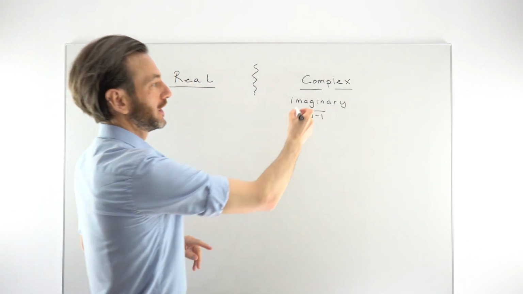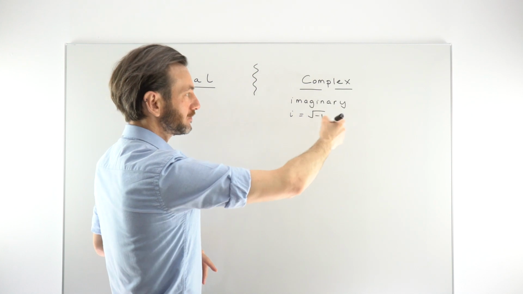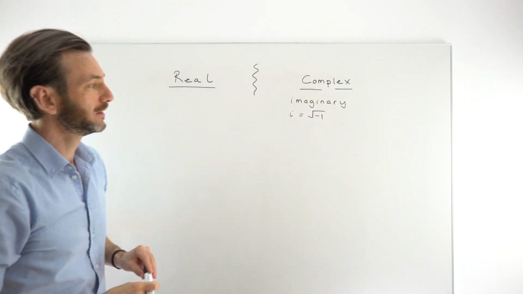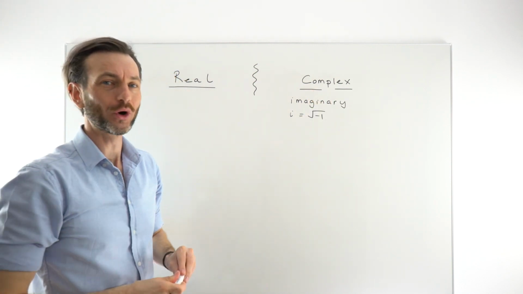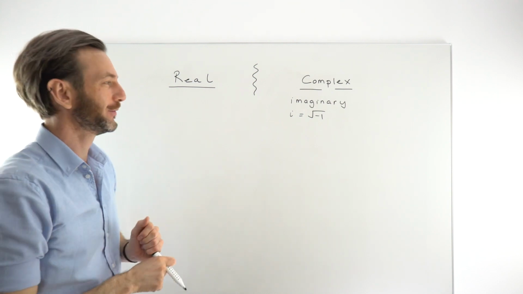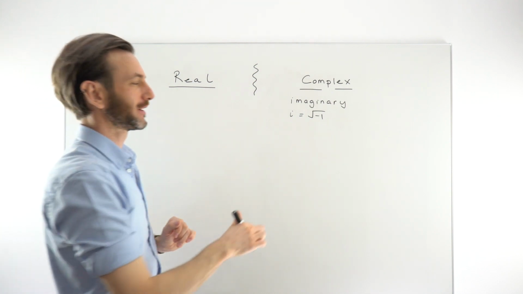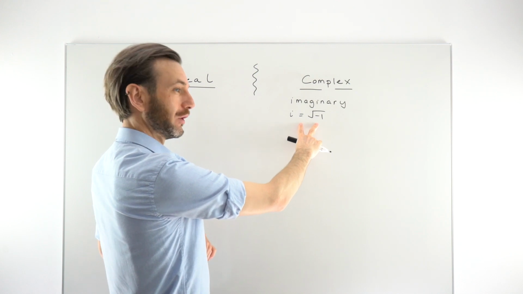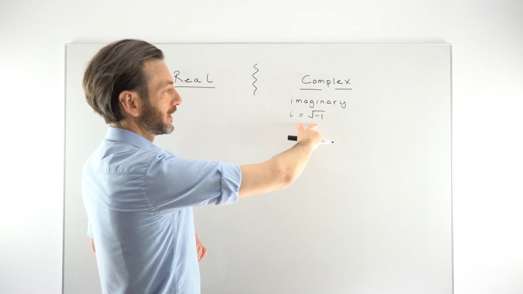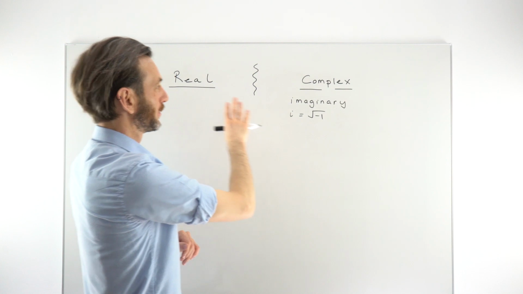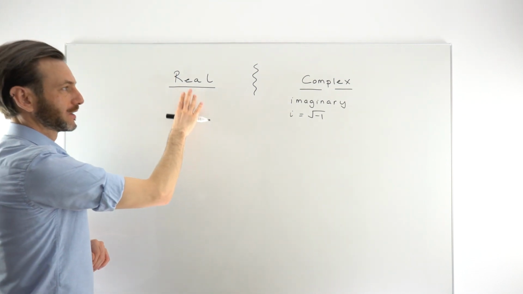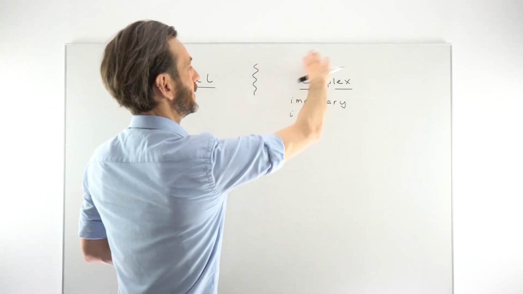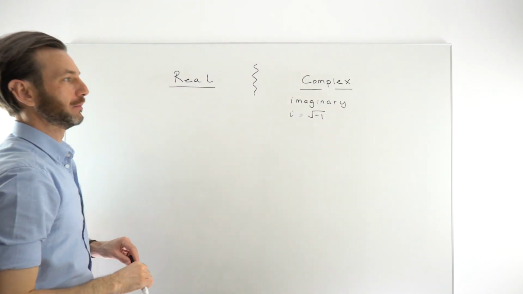Now it turns out that these are actually really useful and very applicable to the real world, even though they're imaginary, which seems kind of strange and counterintuitive, but they've actually got a lot of real world applications. And it turns out that we could actually think of these numbers as being a subset of these numbers.